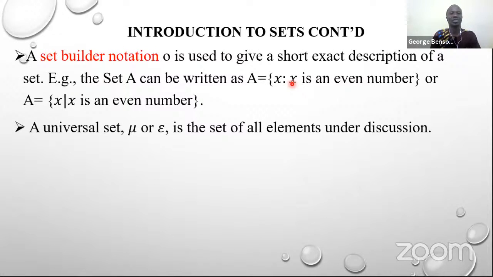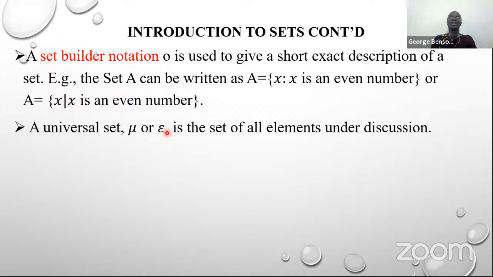Now, in the description of sets, we have what we call a universal set. We normally use the letter U, this symbol or this symbol, to refer to the set of all members under description. So when we're talking about the universal set, we are basically talking about the set of all elements under discussion.